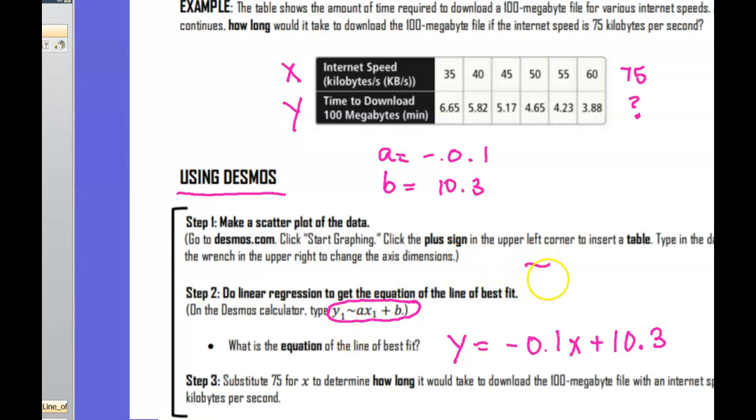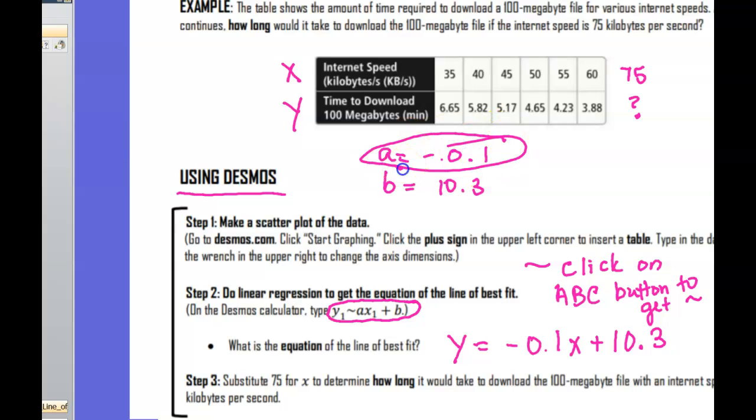The tilde is: click on the ABC button to get the tilde. You might have to play around with that a little bit. Once you have your A value and your B value, you write the equation of the line.